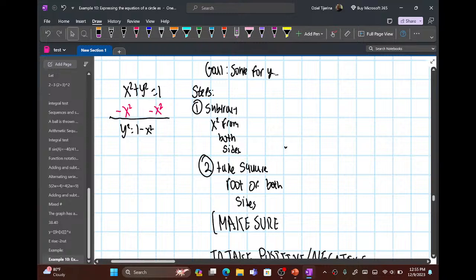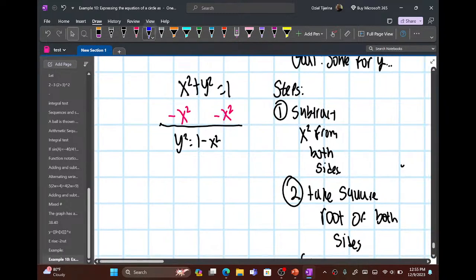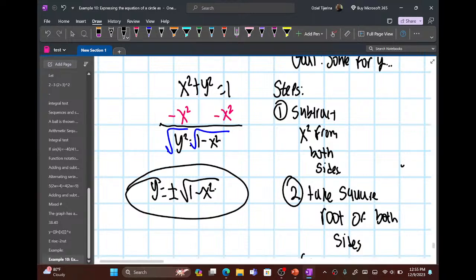So in other words, when we take the square root, y is equal to plus or minus the square root of 1 minus x squared. There's a problem here.